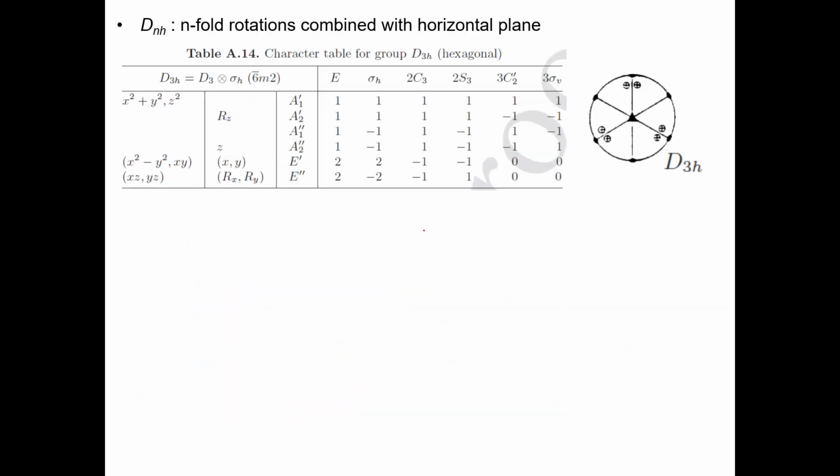And you can also have D3h, or Dnh in the more general case. This is the example for the group D3h, in which you have the n-fold rotations plus the C2 prime axis plus the reflection plane, the horizontal reflection plane.